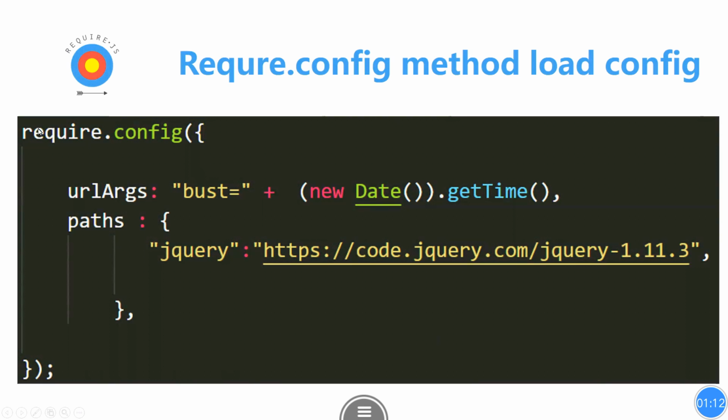For example, the require.config is also written with a key name and a value, and it has two steps. So this is the style of require.config when you write it, for example the URL address.